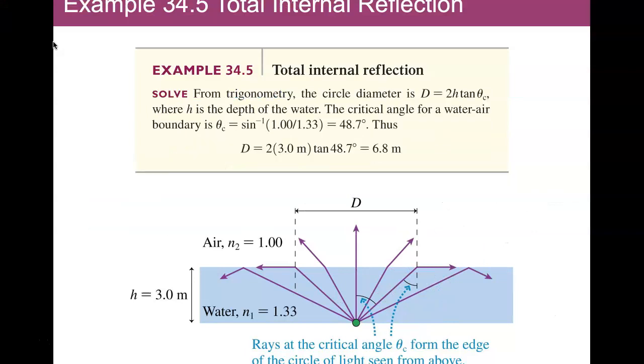So theta critical is arc sine of 1 over 1.33, and we can find the angle, find its tangent. So I think it's close to 18 over square root 7.